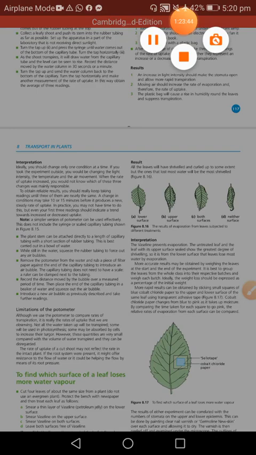Okay, I am writing the spelling. This is the turgor pressure. Due to this turgor pressure, the cell wall begins to bend.